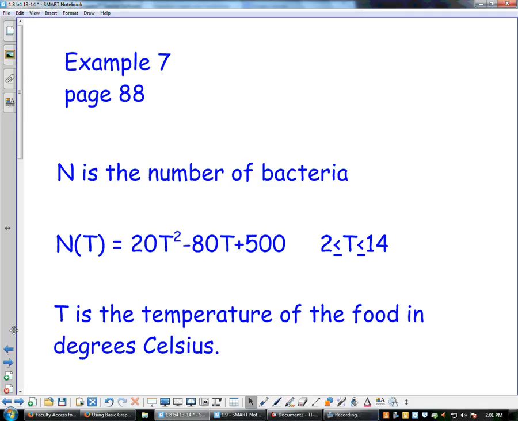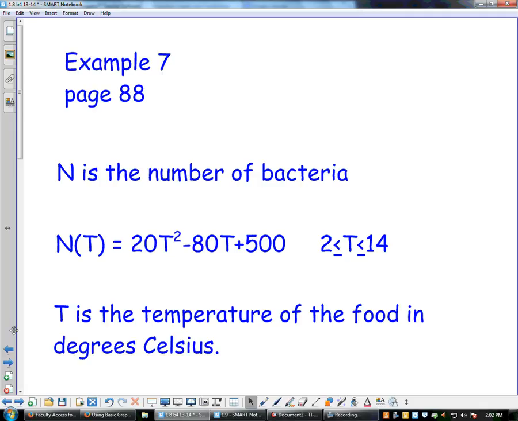All right. Okay, so we're looking at example 7. It says the number n of bacteria in a refrigerated food is given by that degree 2 quadratic function, where capital T goes from 2 to 14, where capital T is the temperature of the food in degrees Celsius.